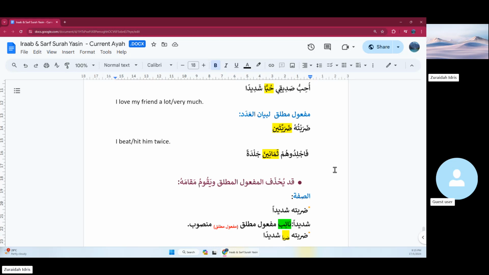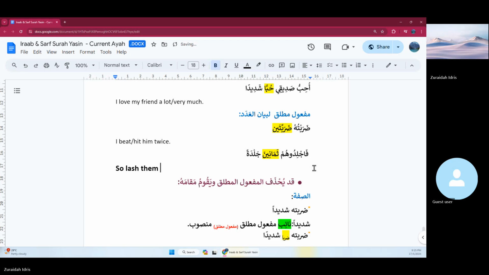So now how would we say this? Samanina is 80. Okay, so how would we say it? So, 80 lashes. Then 80 lashes. Okay, we can say 80 times or 80 lashes.